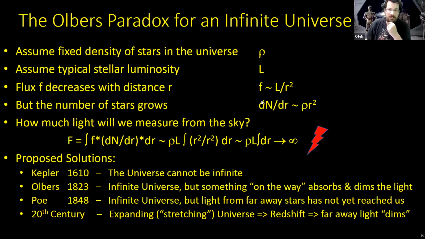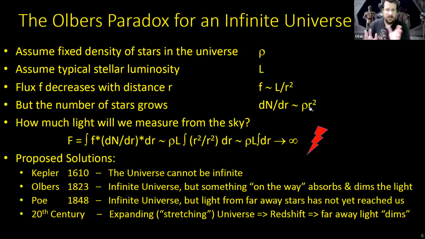Because if you assume a fixed density, that is a volume density. And if you take some spherical shell at radius r of some width dr, then the volume of that shell will be 4 pi r squared dr times rho, will give you the number. And so it goes like rho r squared.